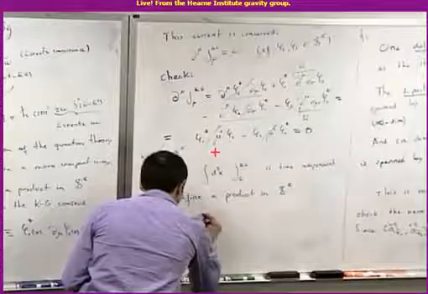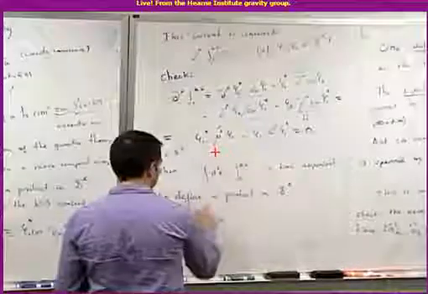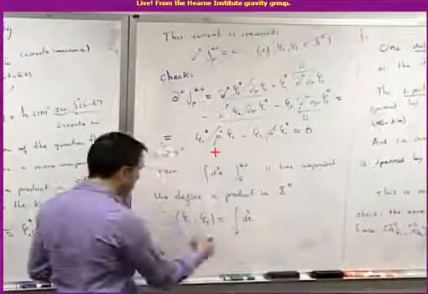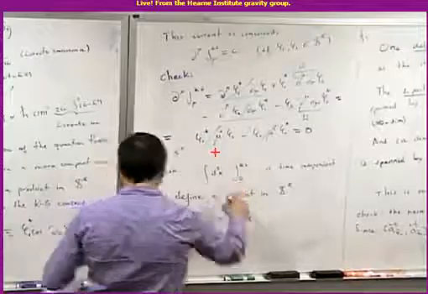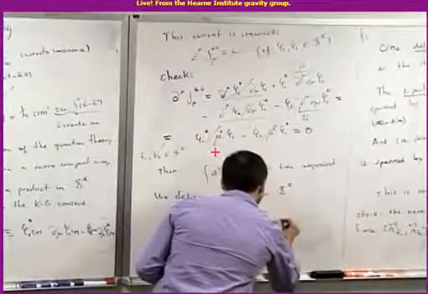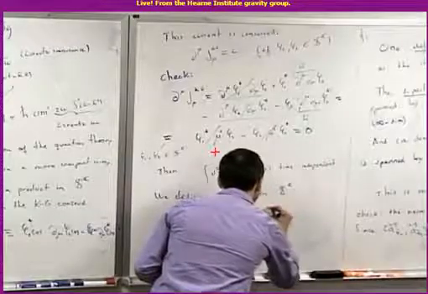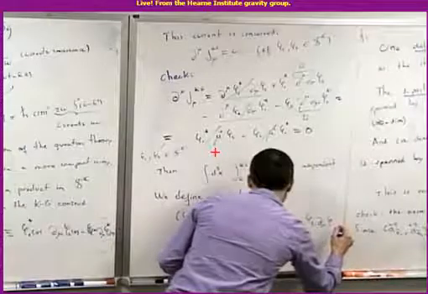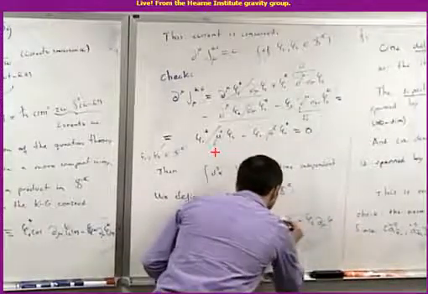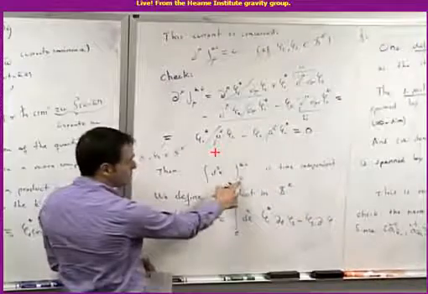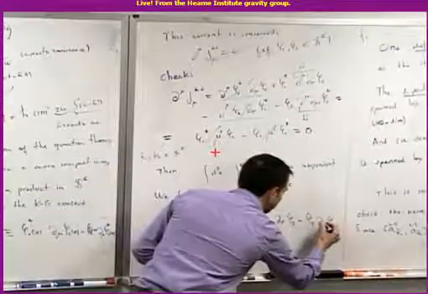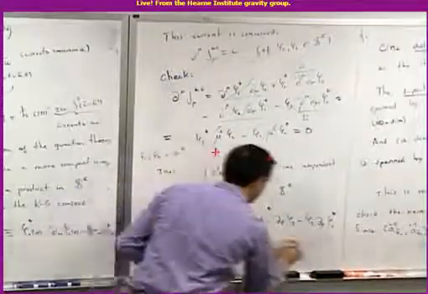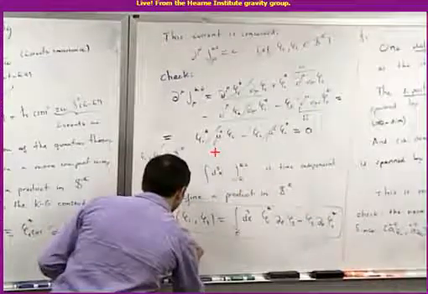By definition, this is called the Klein-Gordon product, and it's just the integral at some time t, it doesn't matter which time you use, of the 0 component of the Klein-Gordon current: phi 1 conjugated times the time derivative of phi 2, minus phi 2 times the time derivative of phi 1 conjugated, because we have to take the 0 component of the current in order to have a conserved quantity. This is the definition of the product that one uses in the space of solutions. This is what people call the Klein-Gordon product.